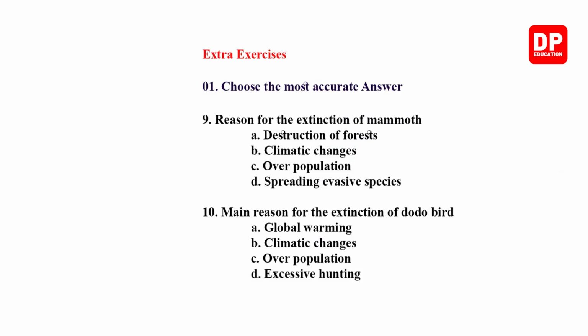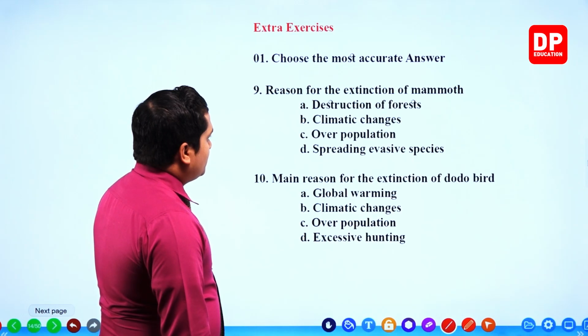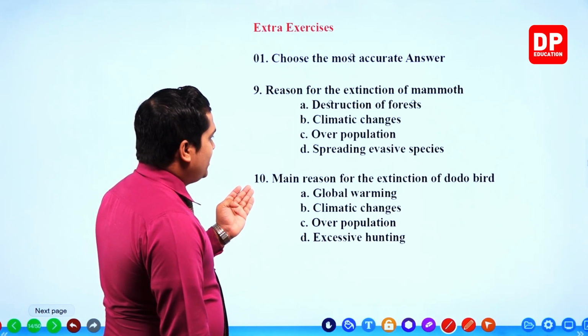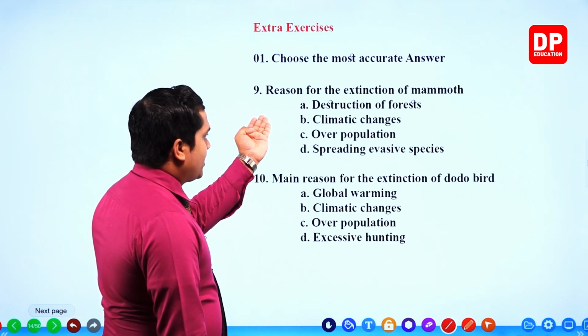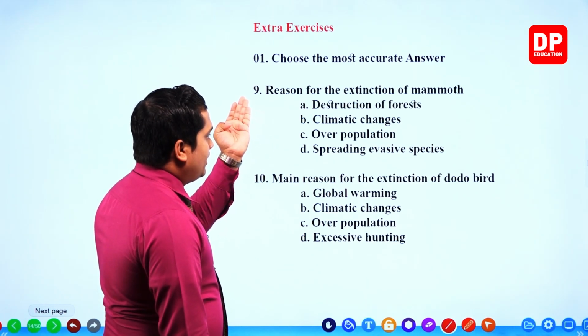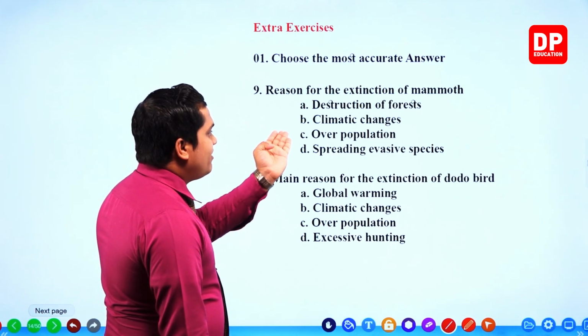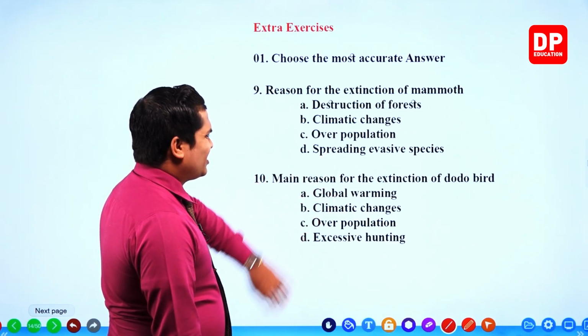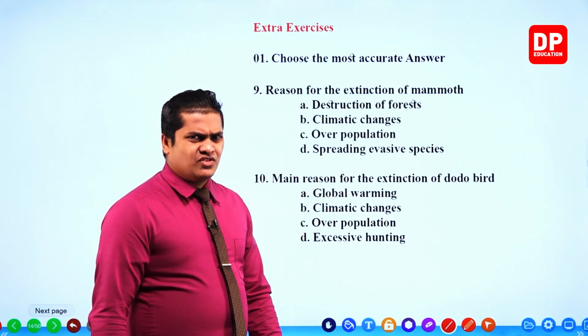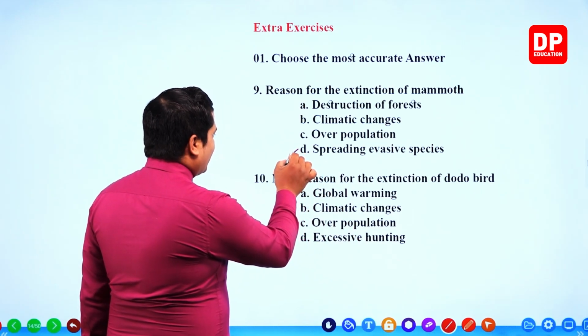Next one, reason for the extinction of mammoth: destruction of forests, climatic changes, overpopulation, spreading invasive species, right? Spreading invasive species, actually that's not relevant for this answer. So this is terribly incorrect.